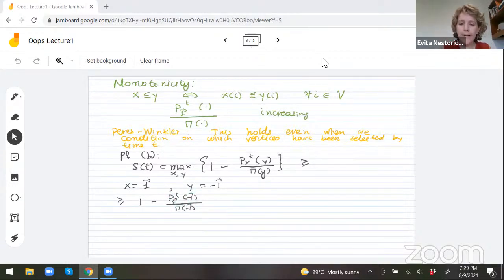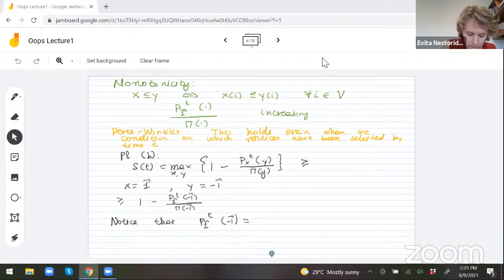But the important thing now is to notice that we can go from the all ones to all minus ones only if all nodes have been selected.